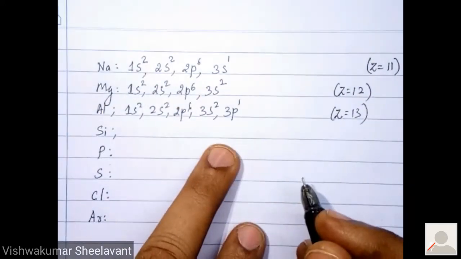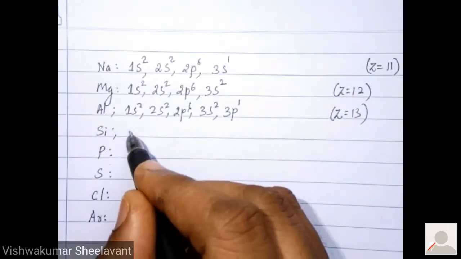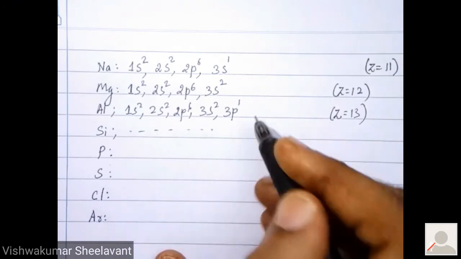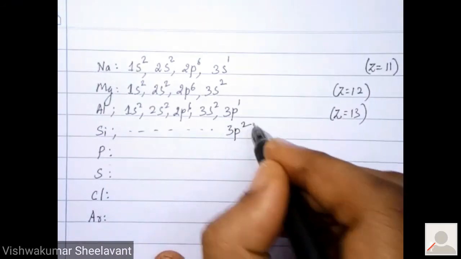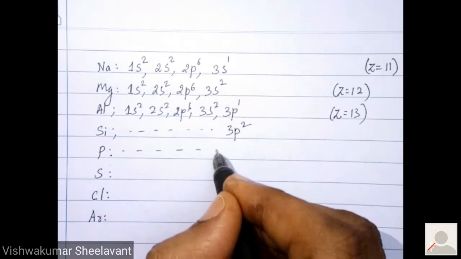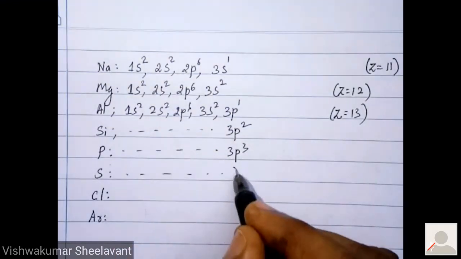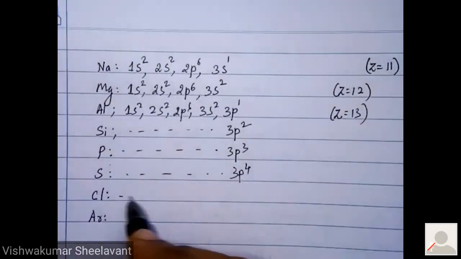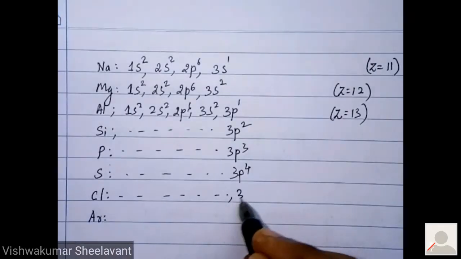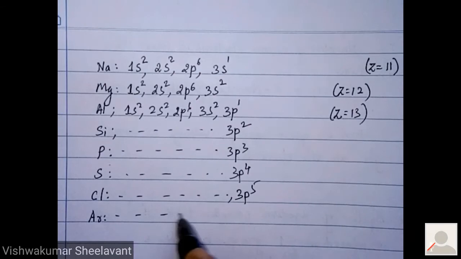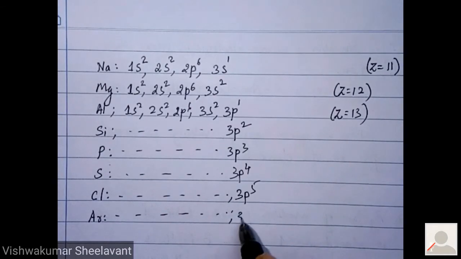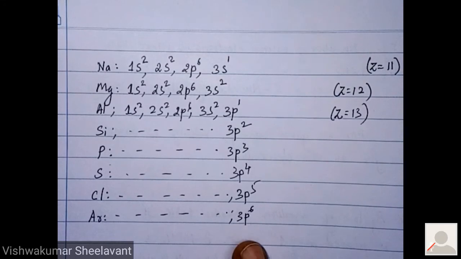So what will we have here next? Up to this point, same thing. 3p2. Up to here, same thing. 3p3. 3p4. Same thing, comma, 3p5. 3p6. So at argon, the third shell is filled.